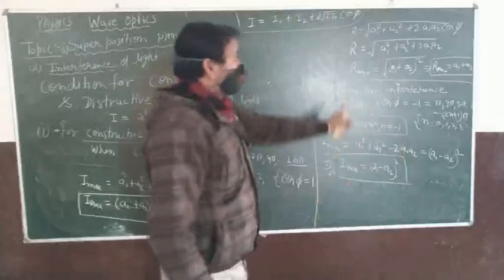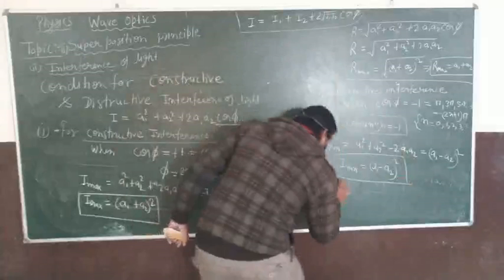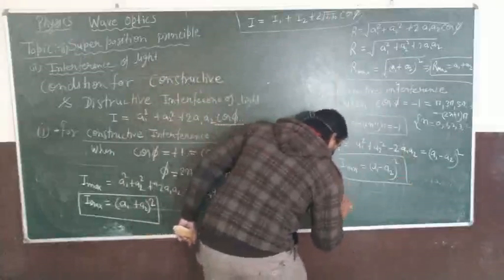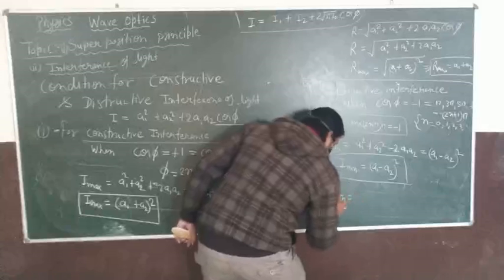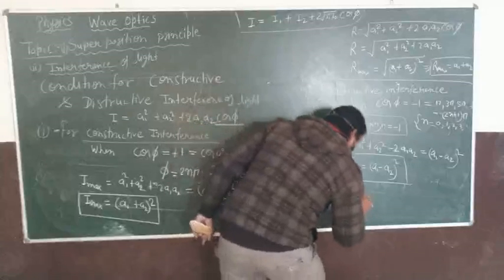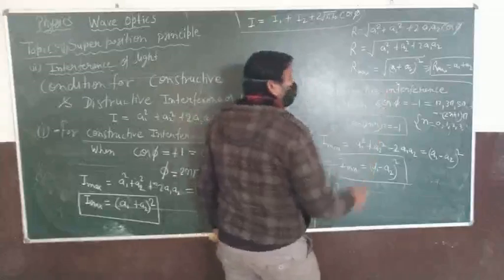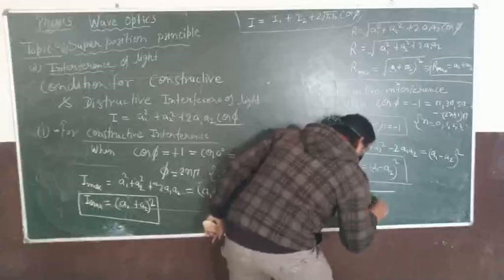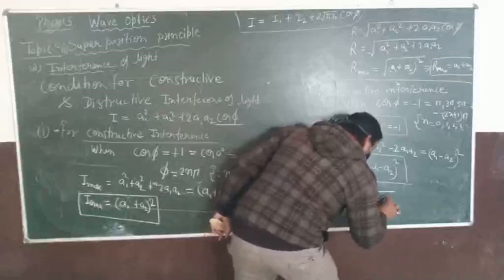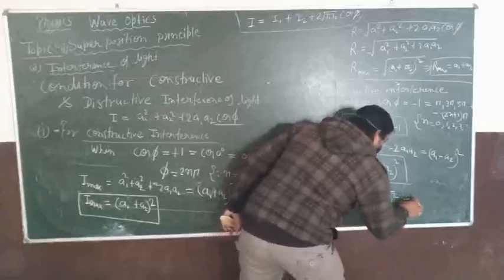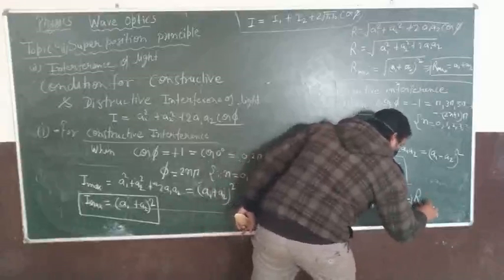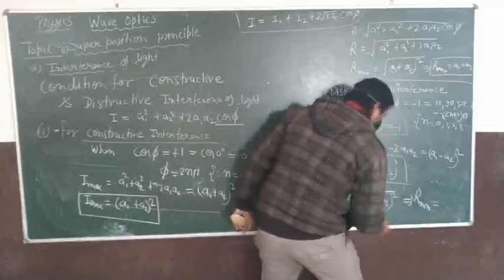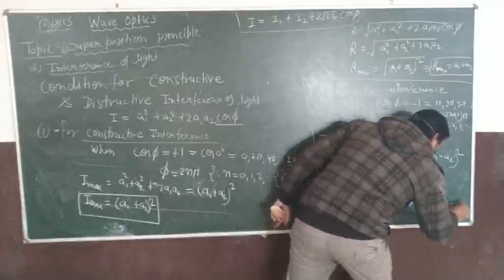And for this case, the resultant amplitude R minimum is A1 minus A2.